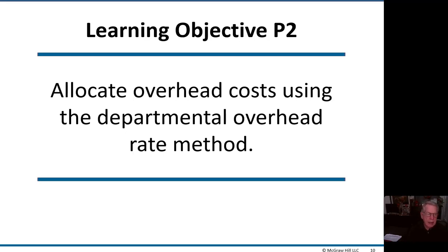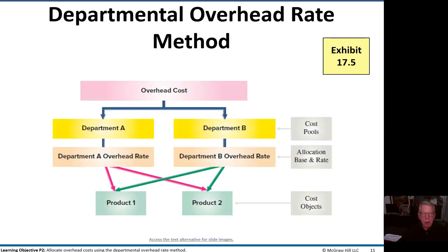Okay, now we'll try to do things a little bit more accurately. Here, what we're going to do is allocate the overhead cost using the departmental overhead rate method. Same dollars in overhead cost, but we have 2 cost pools, Department Alpha and Department Bravo.